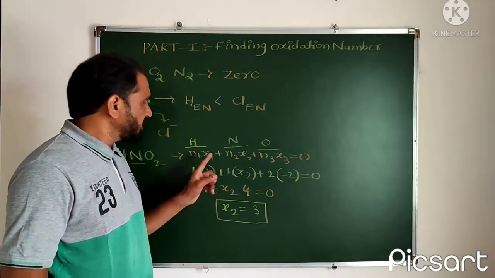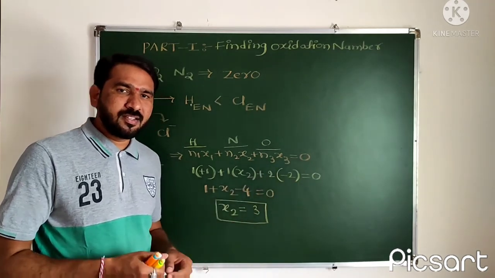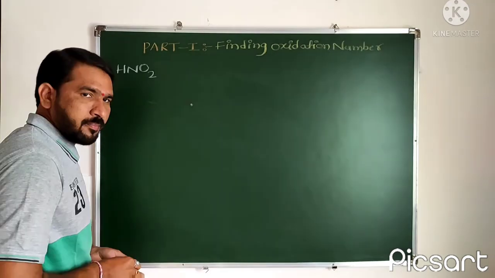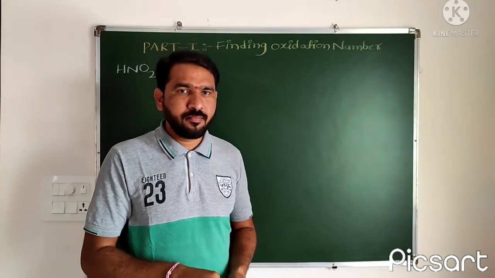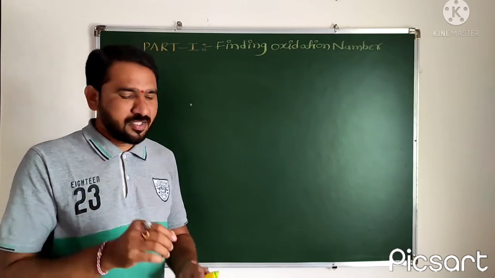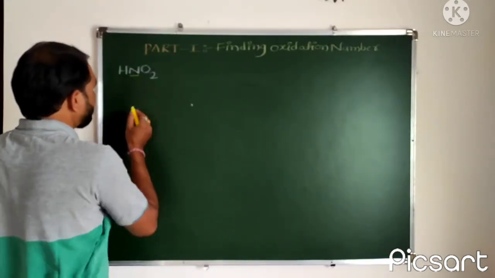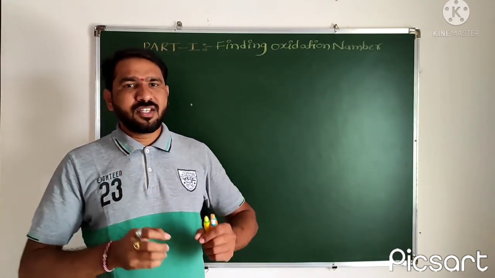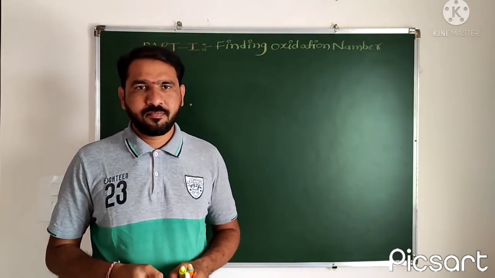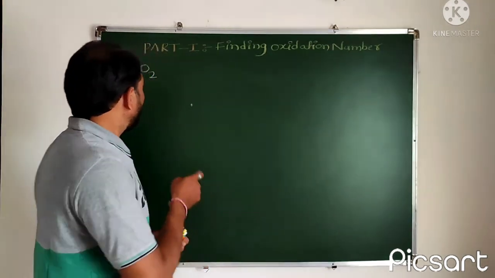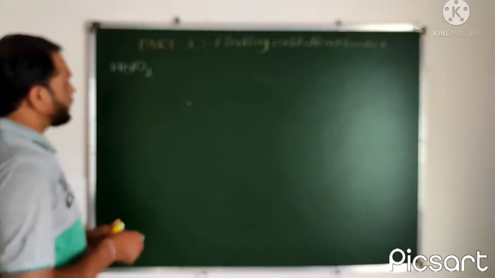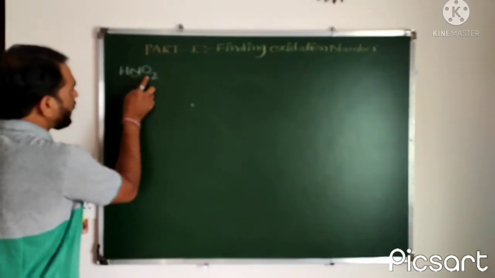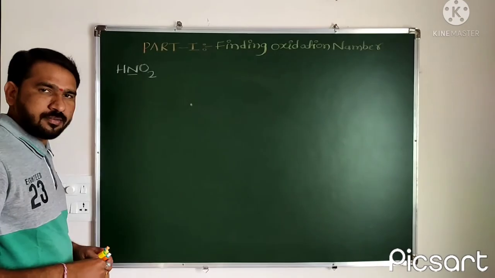Like that, by using this type of formula, we can get the oxidation number of the atom asked in the question. Without using the formula also, we can get the oxidation number of nitrogen. How will we get it? Simply, we first need to gather the oxidation numbers of the neighbor atoms. Coming to the HNO2 molecule, oxygen and hydrogen are the neighboring atoms of nitrogen.